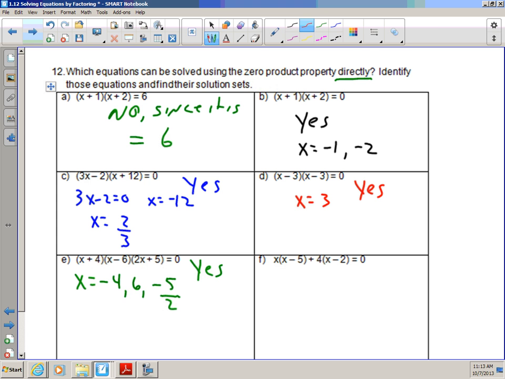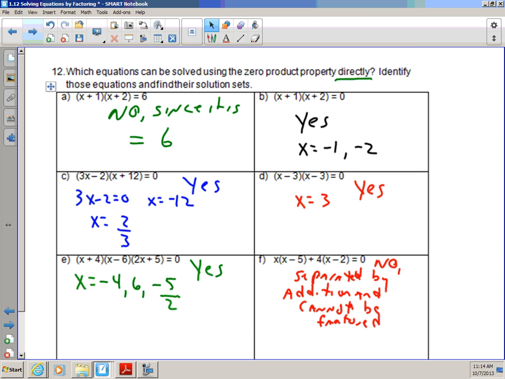And then finally, this is no, because this is separated by a plus sign, so they're separated by addition and cannot be factored. You're going to see what I mean by that in a moment. Again, we're only asking what can be done directly.